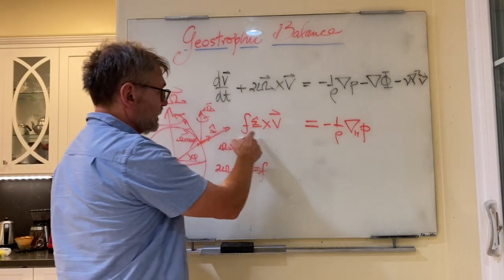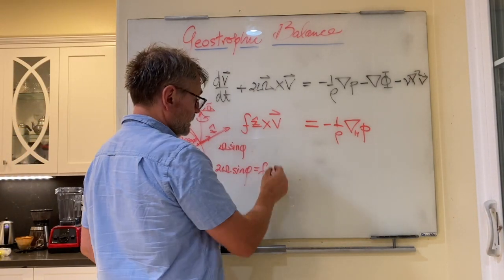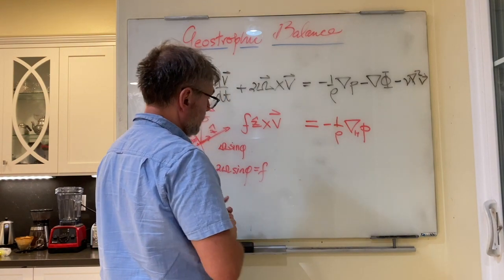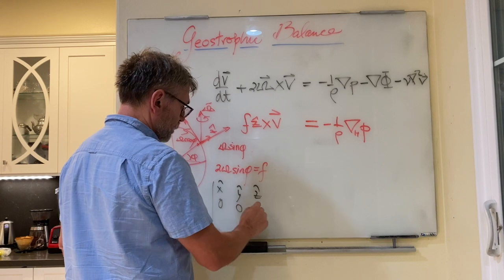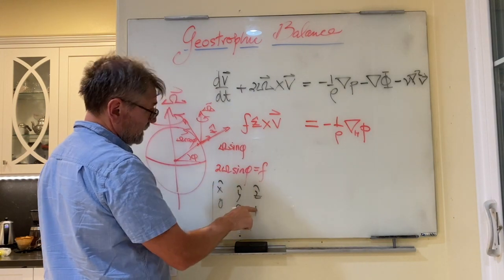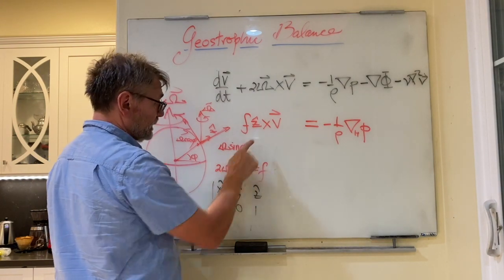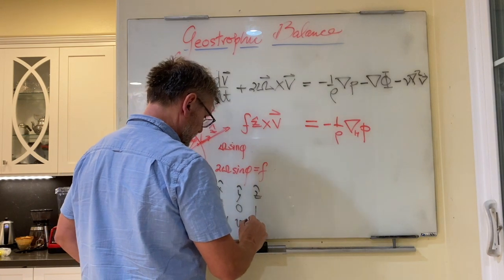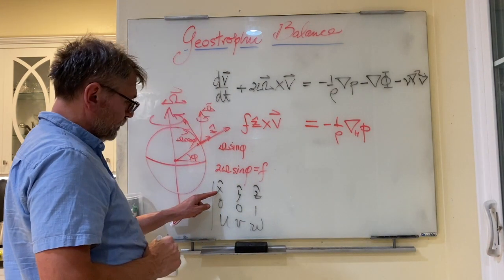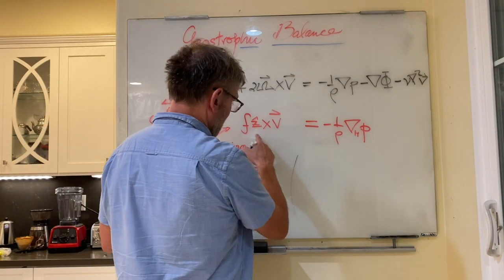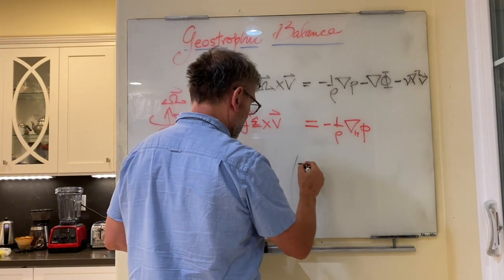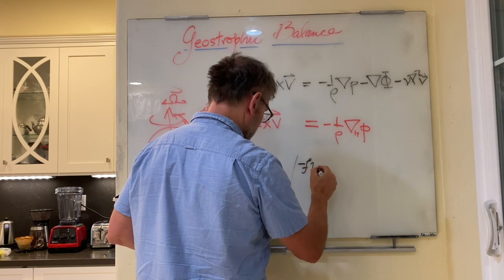All right, so this now becomes the geostrophic balance. If I write it out in component form, it's x hat, y hat, and z hat. 0, 0, 1, the z hat vector is just a 1. And then I have the three components u, v, and w. And so the x component of f z hat cross v is going to be minus f times v.